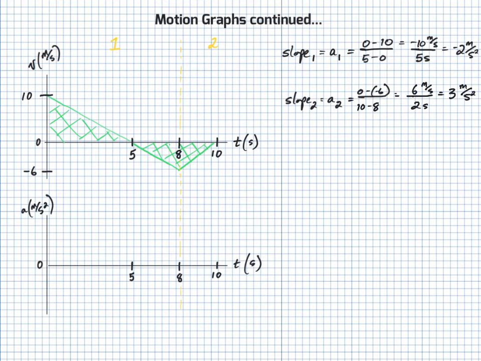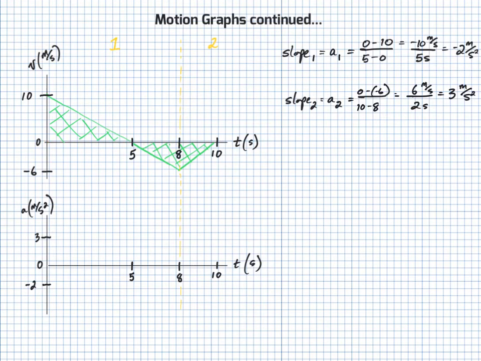So now we have our acceleration numbers, so we can actually start creating our acceleration versus time graph. I'm going to mark 3 up here, and I am going to mark negative 2 down here, because those are our relevant acceleration numbers. So now we just create it. In section 1, we had a constant acceleration of negative 2 meters per second squared for this entire 8-second period.